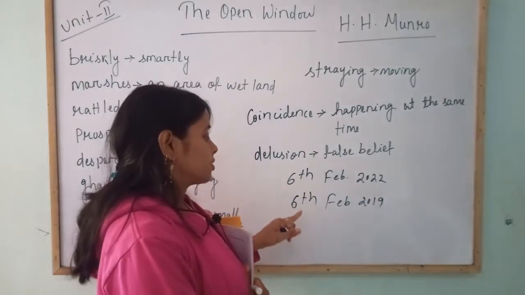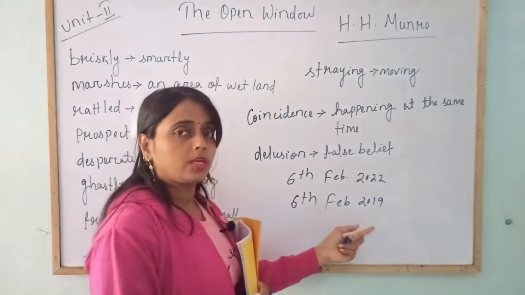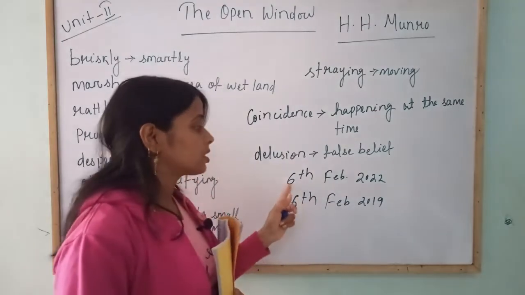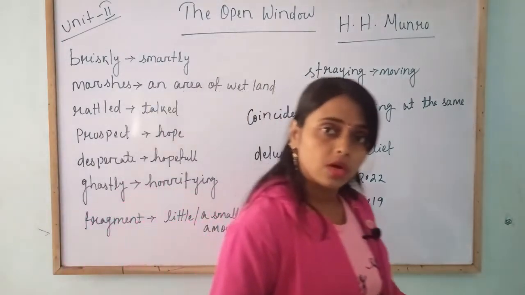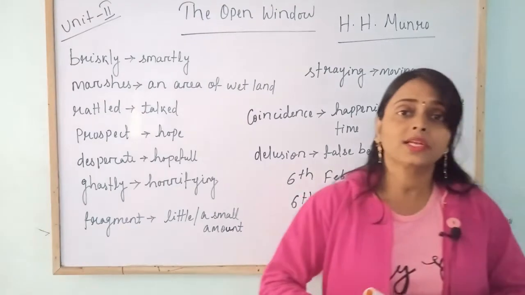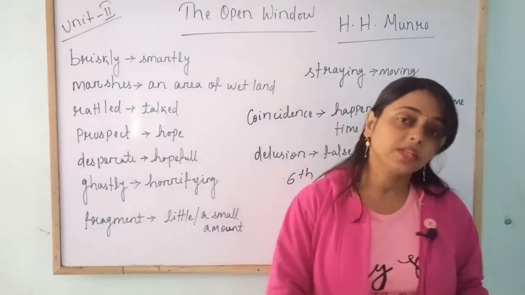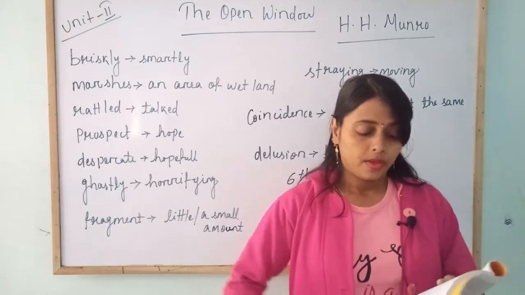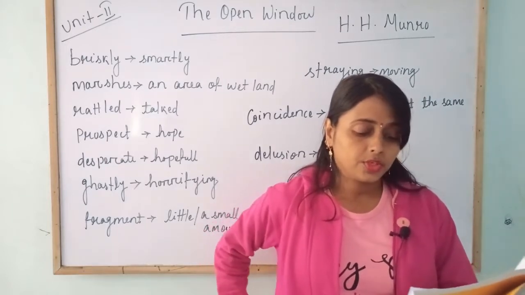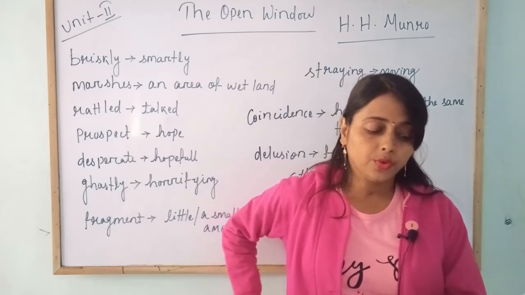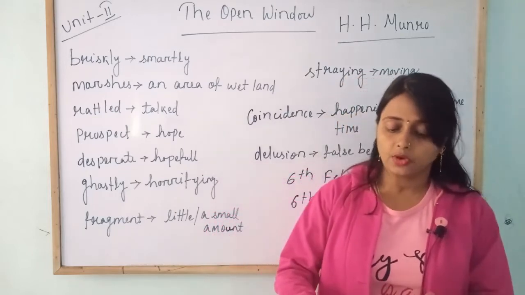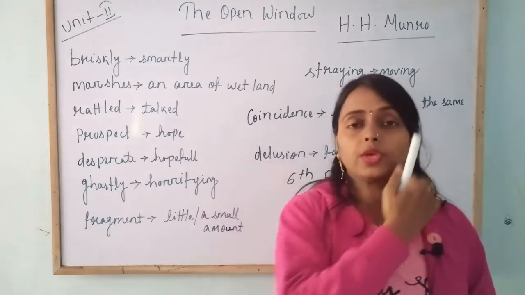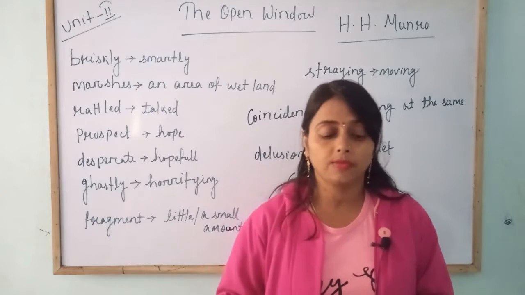So suppose the incident took place on 6th February 2019. It means Mr. Nuttel paid a visit to their house on 6th of February 2022. Understood now? Exactly, it was the third anniversary. On the very same day, Mr. Nuttel paid a visit to Mrs. Sappleton's house. It is mentioned that it was certainly an unfortunate coincidence that he should have paid his visit on his tragic anniversary. On the tragic anniversary, Mr. Nuttel did pay a visit, and it was the most dreadful thing for him.